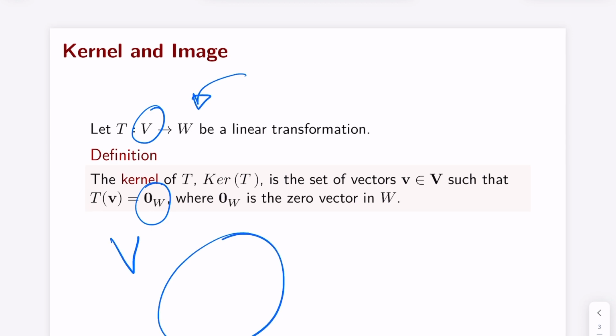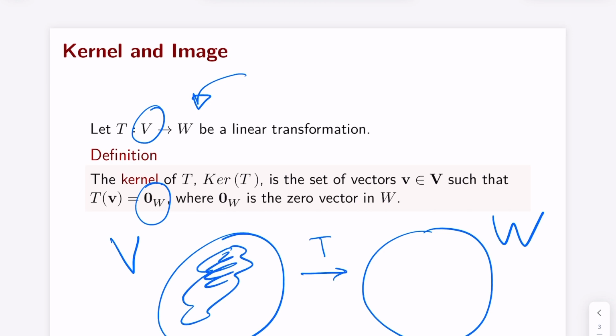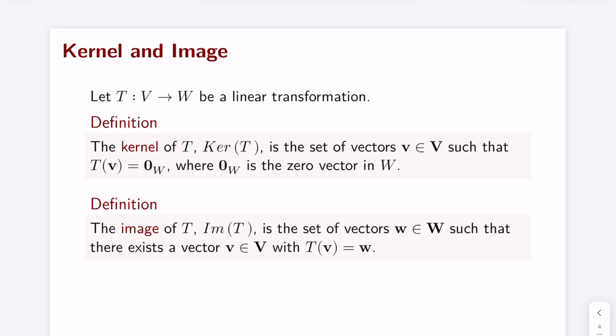So if we have here the space V and we have here W and we have the transformation between them, the kernel is going to be all the vectors here, and remember the vectors can be matrices, can be polynomials, can be anything in the vector space. So all the vectors here that end up in the zero vector here, the zero of the vector space W, this is going to be then the kernel of the transformation. All the vectors that get transformed into the zero of the second space.